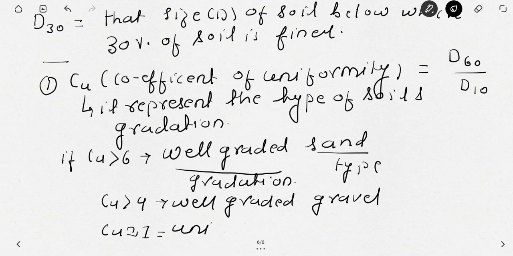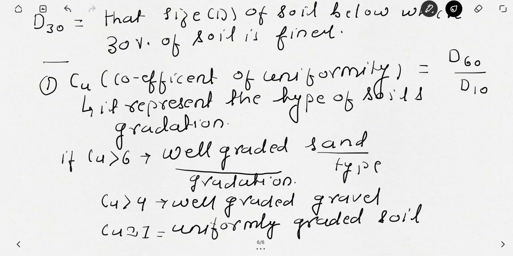If the uniformly graded curve lies in the gravel section, you will say uniformly graded gravel. Or if the curve lies in the sand section, you will say uniformly graded sand. This is the idea. So uniformly graded soil.